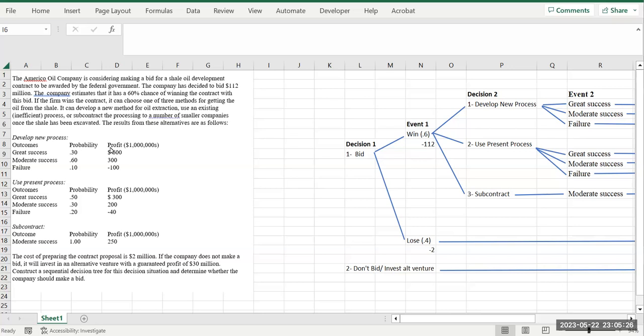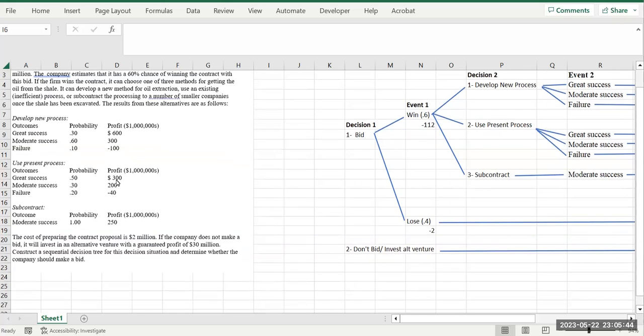So that excludes the initial investment or initial cost, the money the company has to pay of $112 million. There is a 60% chance of moderate success and a 10% chance of failure, with respective profits.